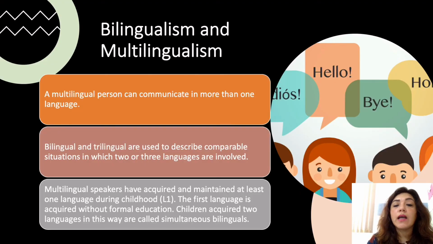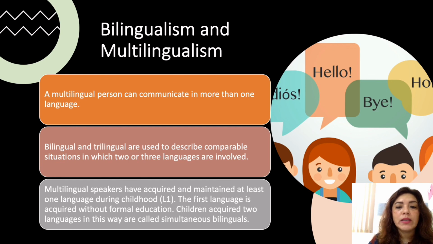Bilingualism and multilingualism. A multilingual person can communicate in more than one language. Bilingual and trilingual are used to describe comparable situations in which two or three languages are involved. Multilingual speakers have acquired and maintained at least one language during their childhood. This is the first language.